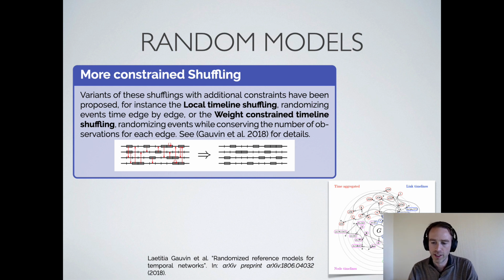As you can see, it's quite a bit more complicated than for static networks, but the idea is that you can choose a randomization which corresponds to your need. If you want to keep the aggregated graph but you don't care about what is happening in each snapshot, then you can adopt one type of randomization, and another one if you need.